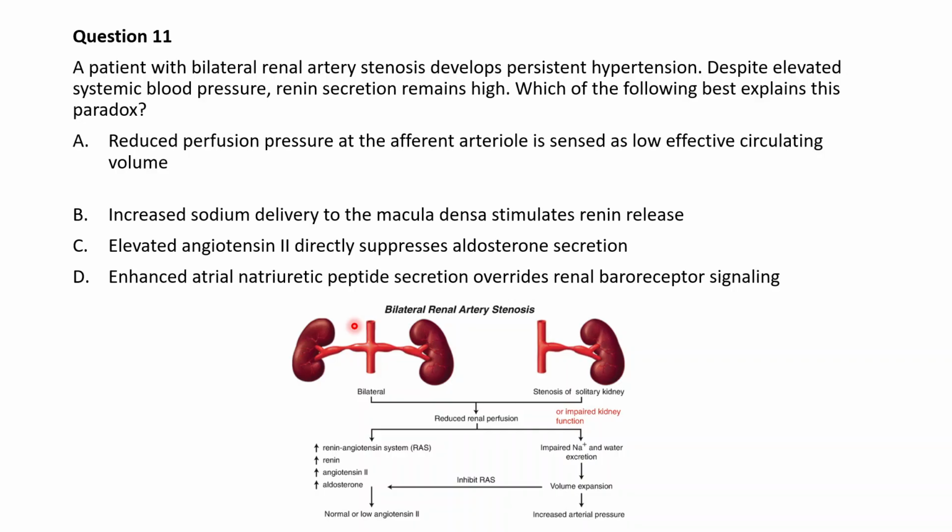The feedback mechanism here is completely overridden, because locally the kidney is thinking, okay, there's less blood, and that is overriding the whole system, because actually that's not the case. So the kidney's own perfusion status is being prioritized over what is happening in the whole system. Okay, let's move on to one more question and then we can finish for today.